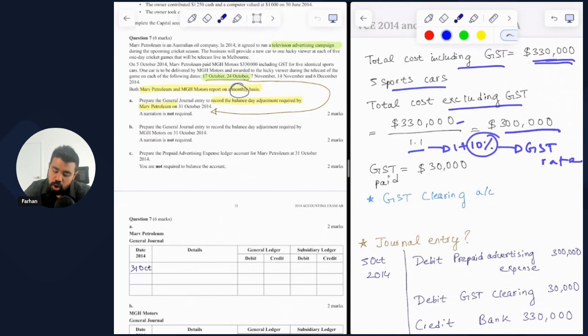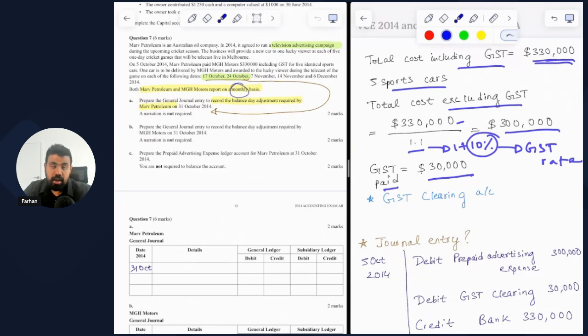So once you know the total cost excluding GST, you can find the GST that we are paying, and that is going to be $30,000, which is the difference between $330,000 and $300,000. Now, within the GST clearing ledger account, we have got the debit side and the credit side.